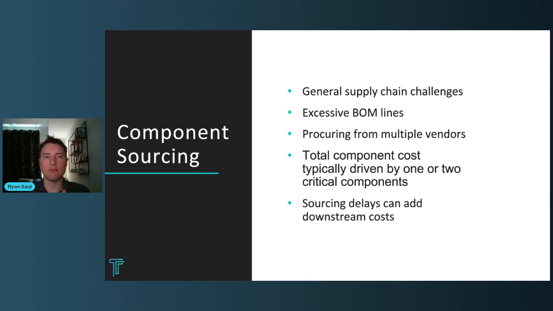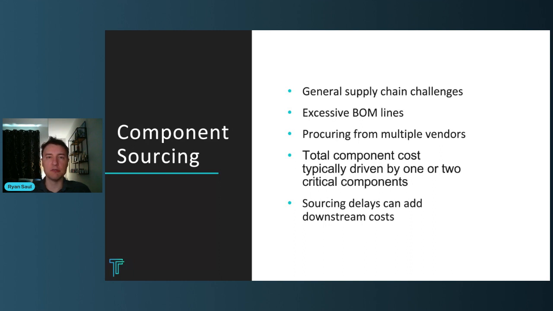And then we're going to wrap it back into the kinds of issues we're seeing really dramatically drive costs these days. So here's a basic one: excessive BOM lines. We see this a lot from college electrical engineers.